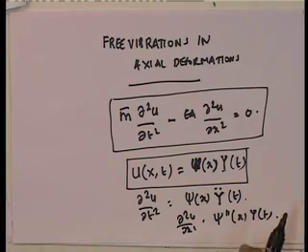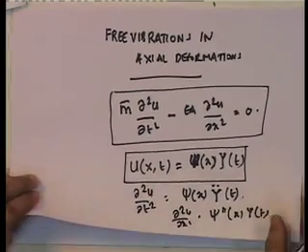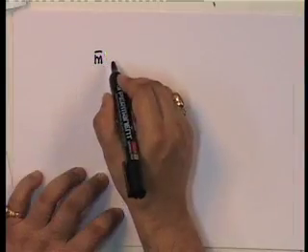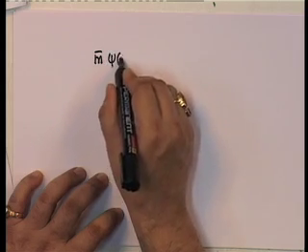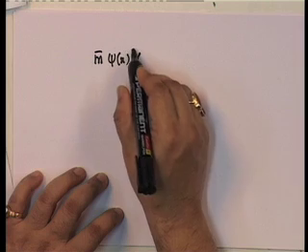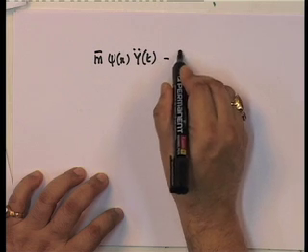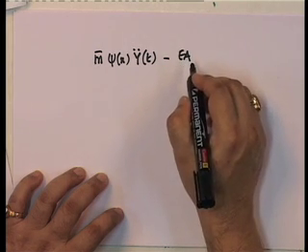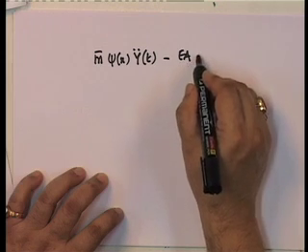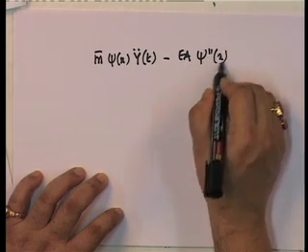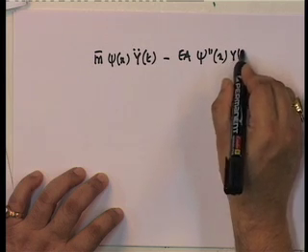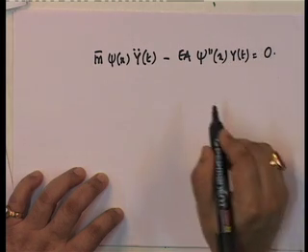So if I put this into the equation, I get m bar xi(x) y double dot of t minus EA xi double prime (x) y(t) is equal to 0.